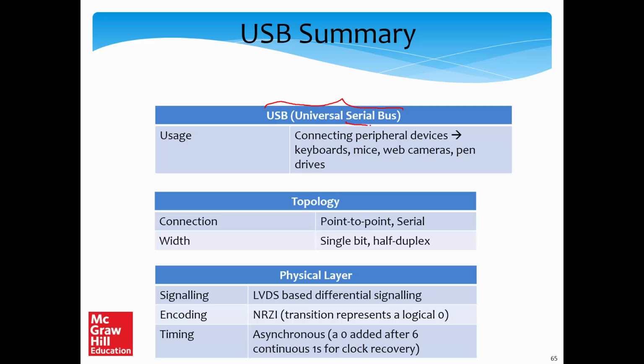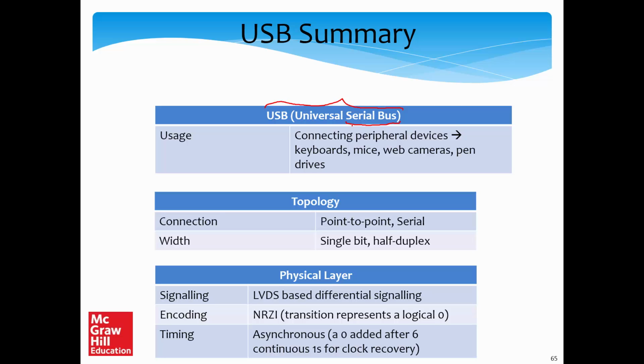And why serial? Well, it's the same logic as PCI Express. We try to send a single bit at a time instead of multiple bits, because synchronizing across the bits is difficult.